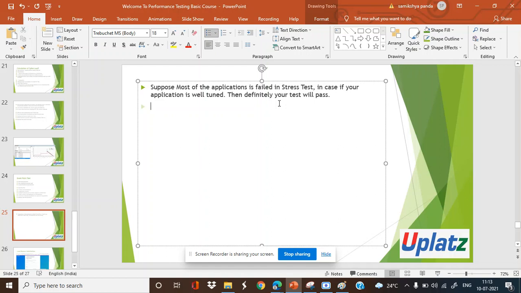Once your application is well tuned and it handles and supports the expected 150%, then you want to know the maximum load our application can support. At that point of time, this breakpoint kind of testing is needed.